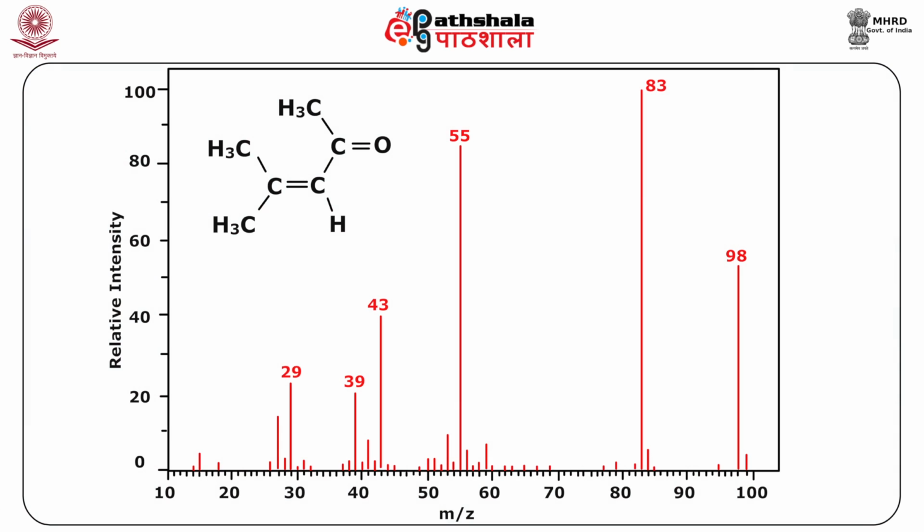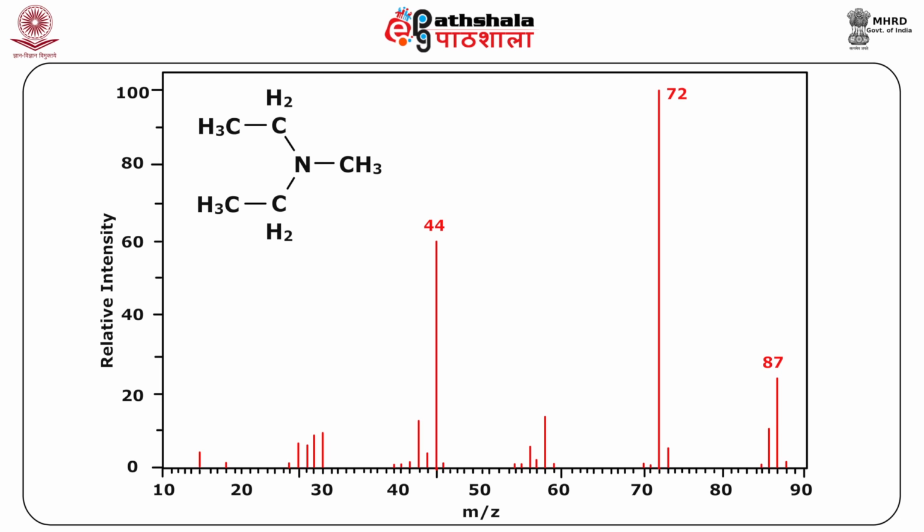Let us take another example. 4-methyl-3-penten-2-one has no nitrogen, so the mass of the molecular ion m/z is an even number, that is 98. Now you can see this in this figure. Most of the fragment ions have odd numbered masses and therefore are even electron cations.